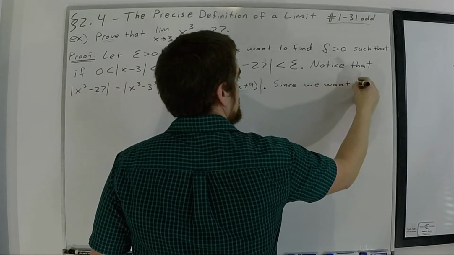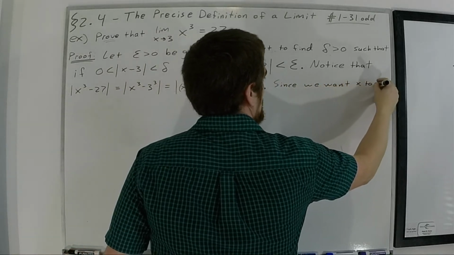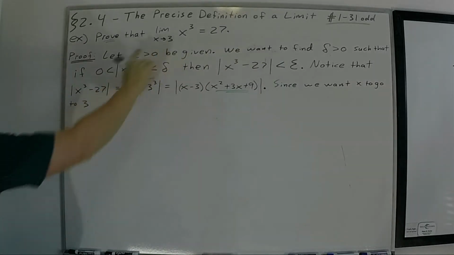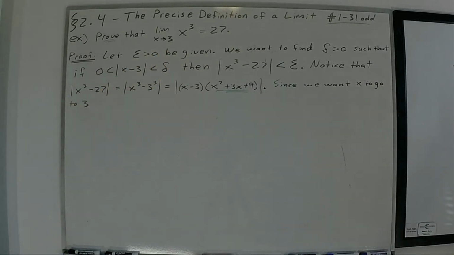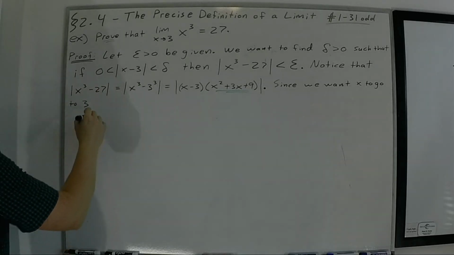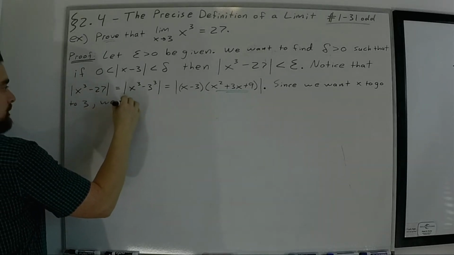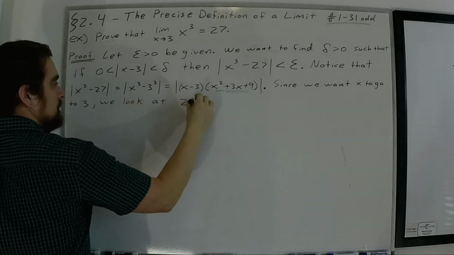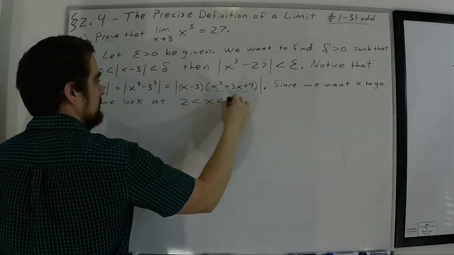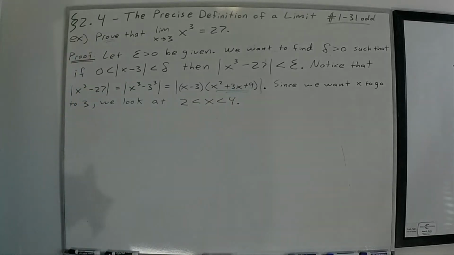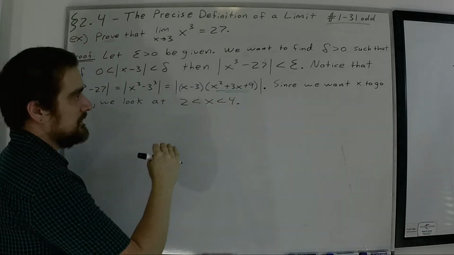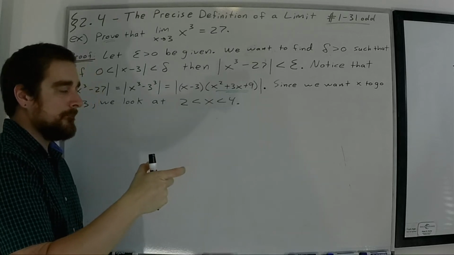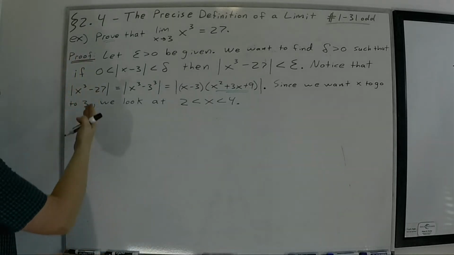Since we want x to go to 3, based on our choice for a, we look at 2 less than x less than 4. I want x to go to 3, so I'm just basically stating to the reader that I'm going to stay between 2 and 4 because it's close to 3.